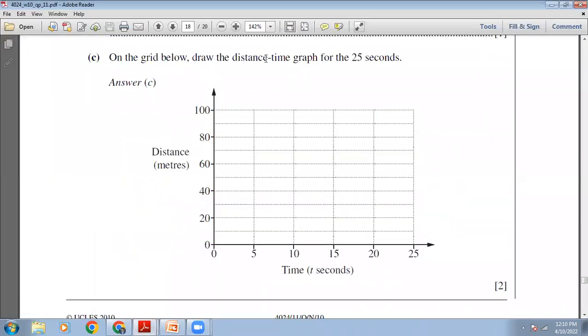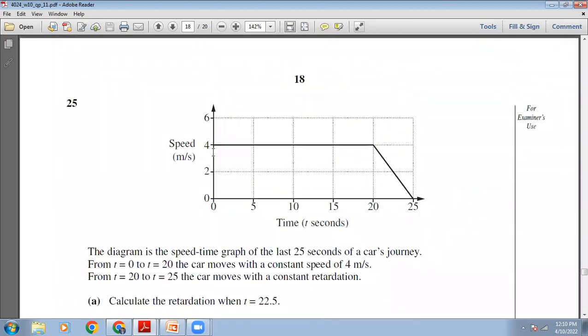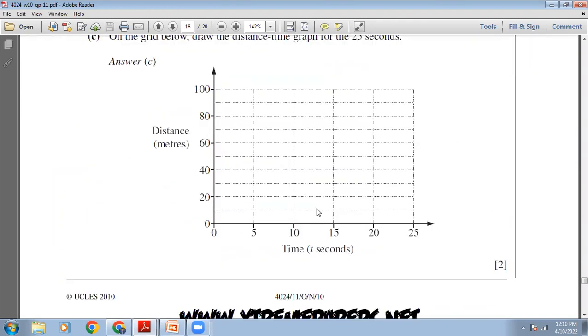On the grid below, draw the distance time graph for the 25 seconds. In the first 20 seconds, the distance traveled will be 20 into 4, and that will be 80. So at 20, put a dot at 80, and at 25, put a dot at 90. The first part should be a straight line, but the later part, because the body was decelerating, should be a decreasing curve.